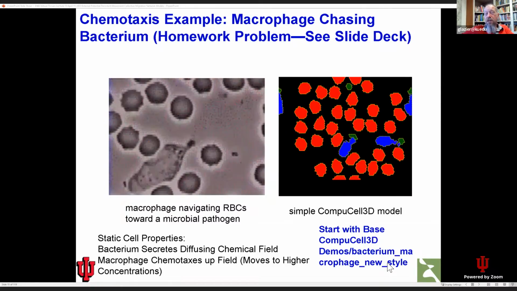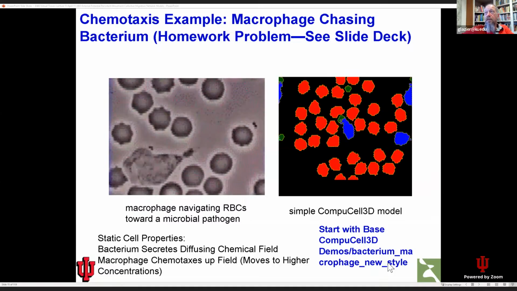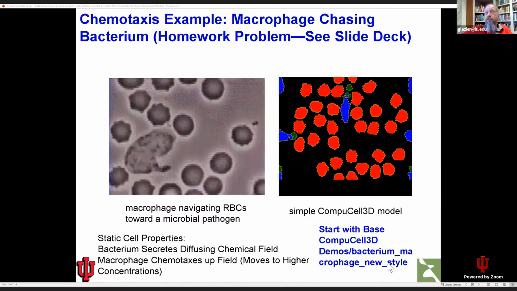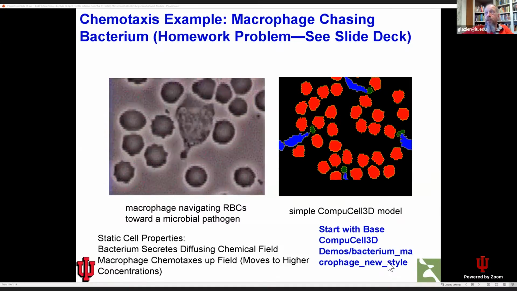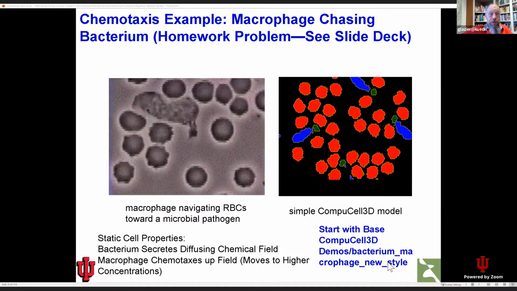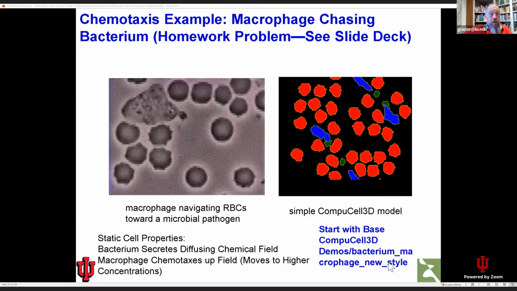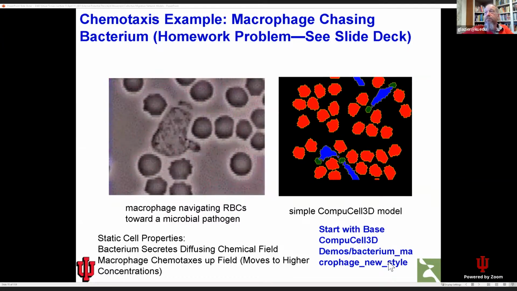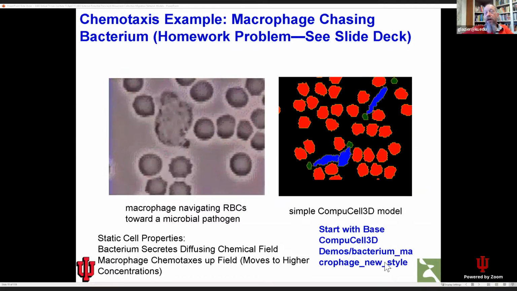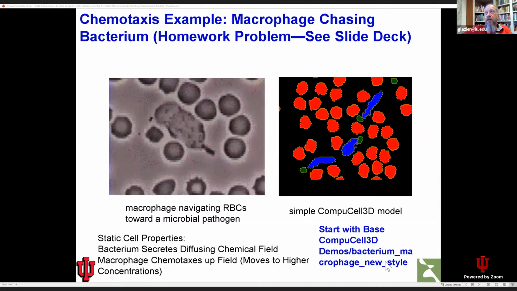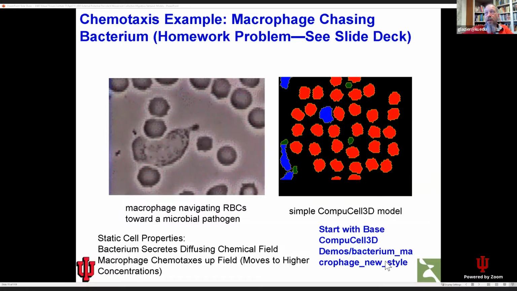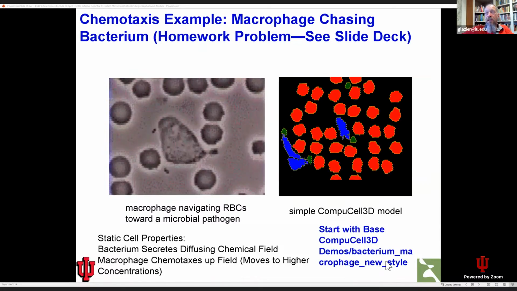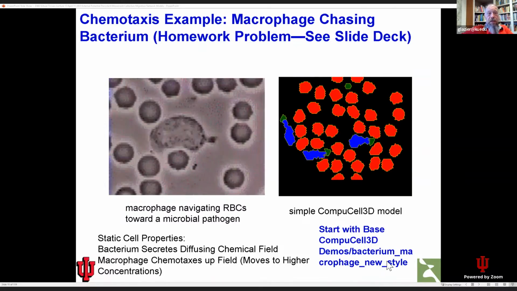One of the exercises that we often do in class or in homework is to take that very simplified simulation and modify it bit by bit to make it more similar to the movie. And here on the right, I have a more advanced simulation in the packaged model.